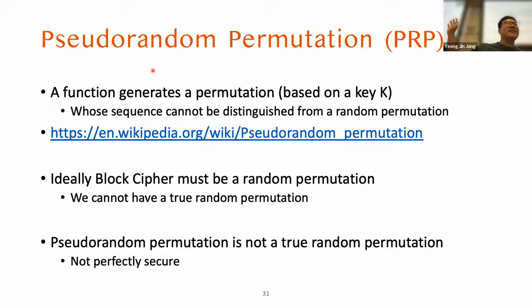It's a very advanced technique, and it's somewhat available in some countries. They do enable key exchange and cell phone communication, but we don't go deep like that. It's very expensive, so it's practically infeasible to have a true random permutation in reality.